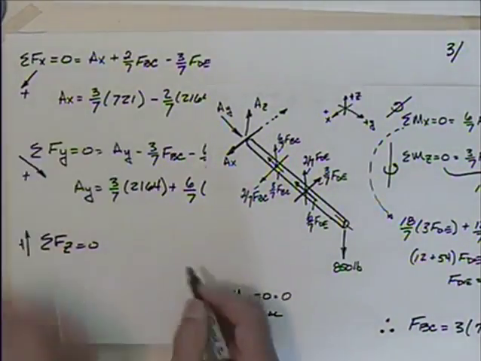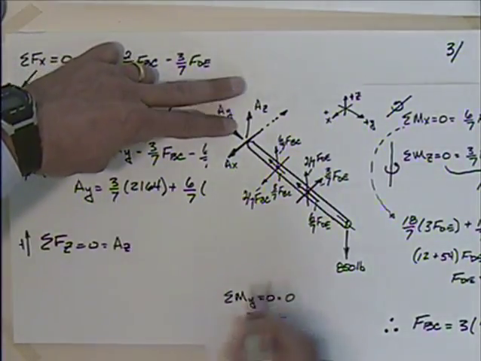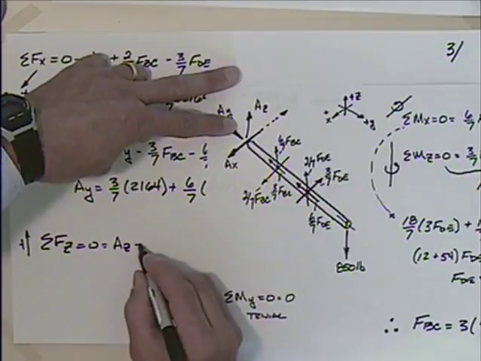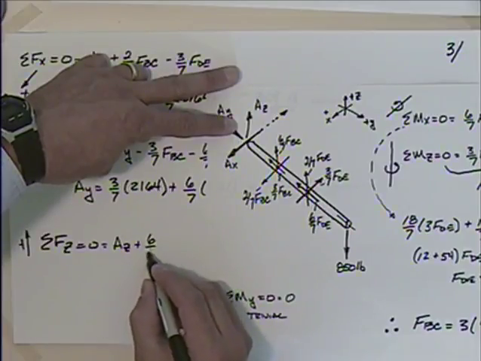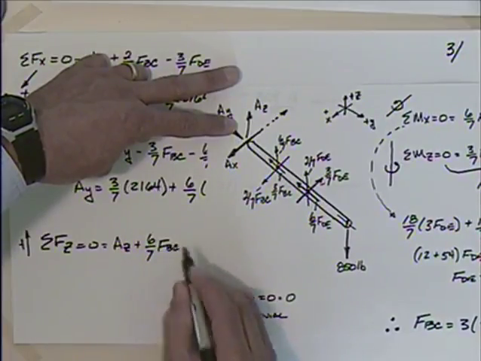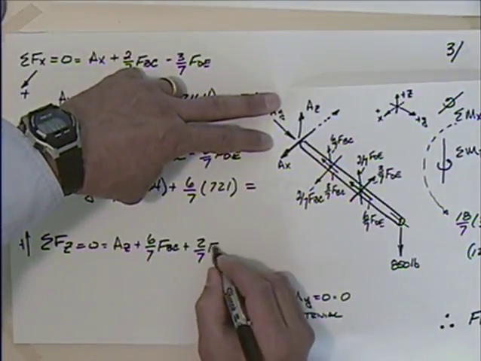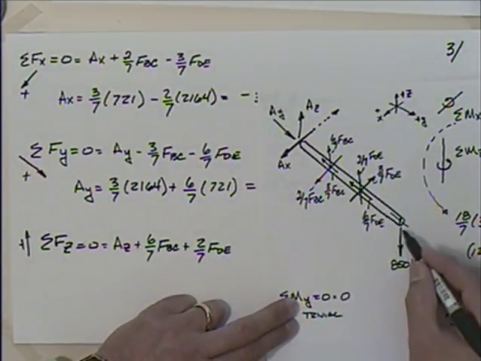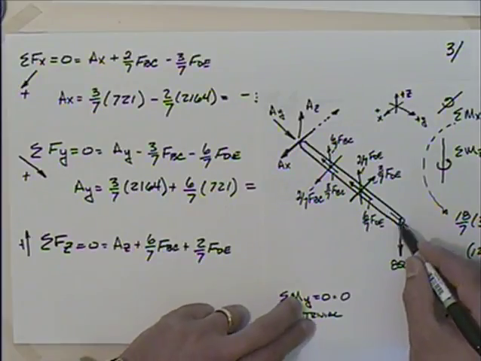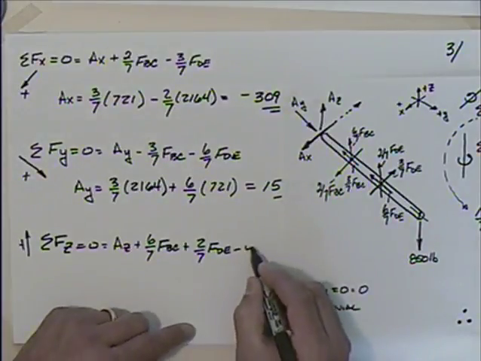I have AZ and then that's positive, so plus 6/7 FBC, and then this one plus 2/7 FDE. So 6/7, 2/7, and then I don't want to forget this load. Sometimes we don't use it for a while and then we forget about it, but that's acting down, minus 850.